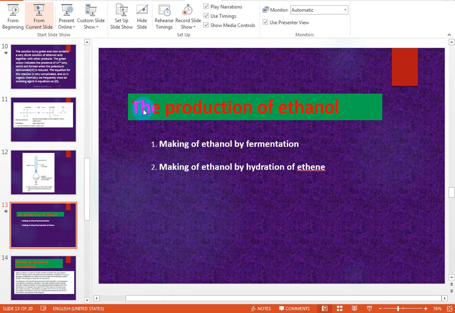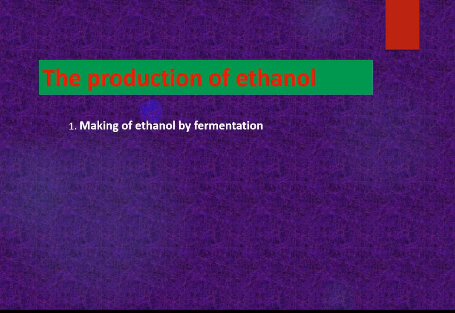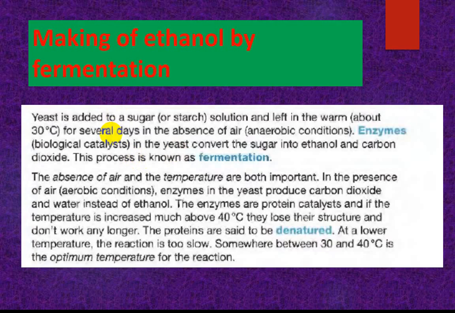Ethanol can be made by two processes: making ethanol by fermentation, and making ethanol by hydration of ethene. Now, making ethanol by fermentation. Yeast is added to a sugar or starch solution and left in the warm at about 30 degrees Celsius.